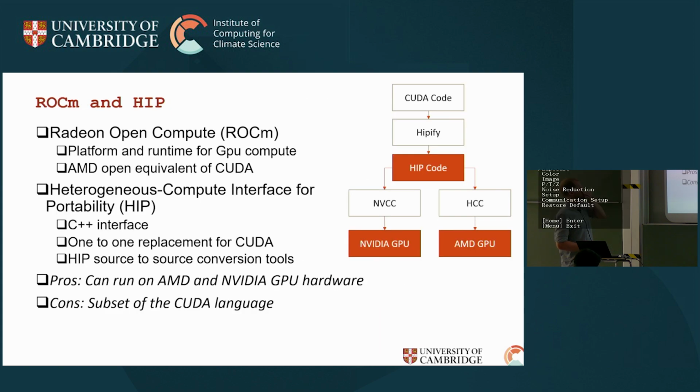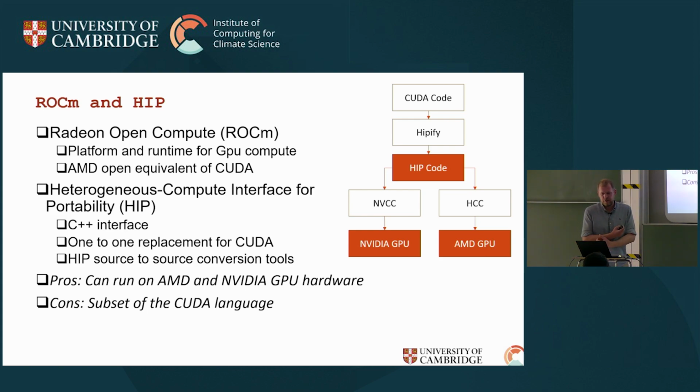So the other options when it comes to the platform-specific languages are ROCm and HIP. ROCm and HIP are the AMD alternatives, and they have the advantage of being able to run on multiple GPUs, so being able to run on AMD, but then also have a code path through to NVIDIA devices. It's effectively very, very similar to CUDA.